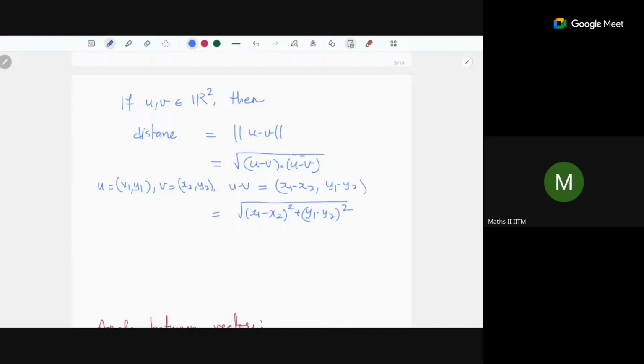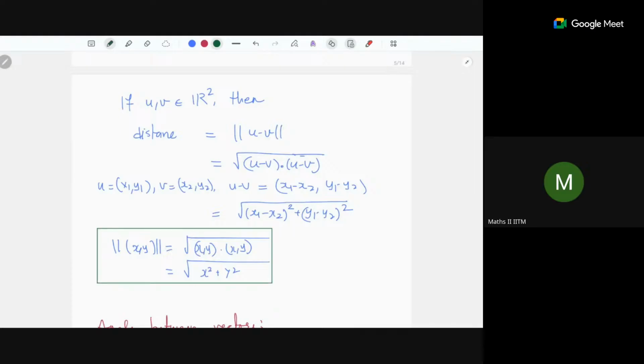So the length of this vector will be the square root of x1 minus x2 squared plus y1 minus y2 squared. So in particular, the length or magnitude of a vector in R2 is nothing but the dot product of the vector with itself. Now what is that thing? That is nothing but x square plus y square. So this is in R2. So the case in R2 is simpler than the case of C2.